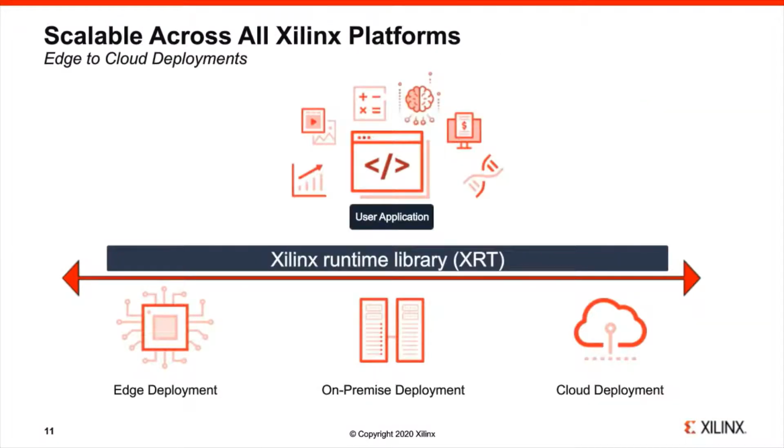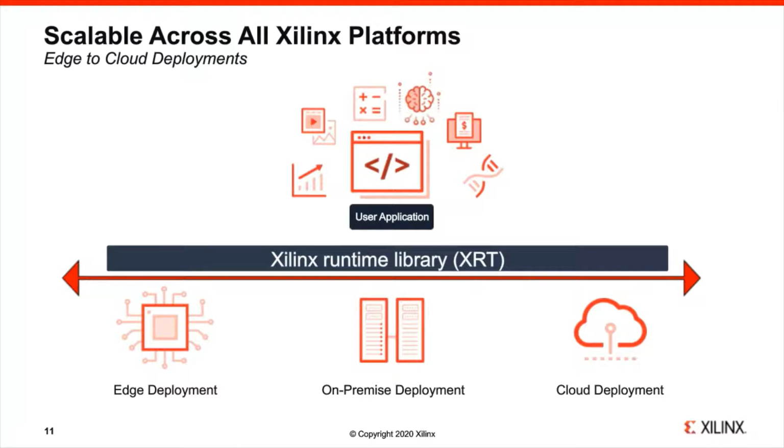The accelerated libraries are scalable across all Xilinx platforms. You can develop your applications using these optimized libraries and seamlessly deploy across Xilinx platforms at the edge, on-premise, or in the cloud without having to re-implement your application from scratch.